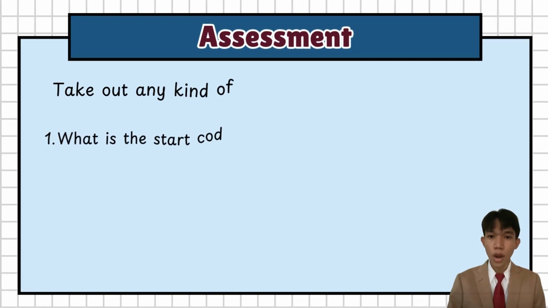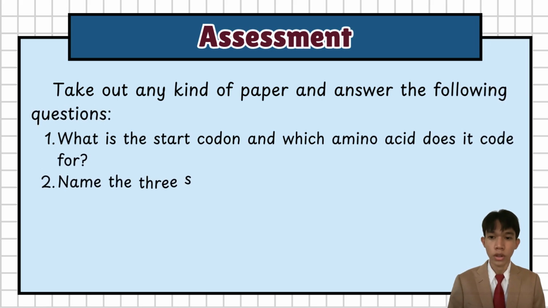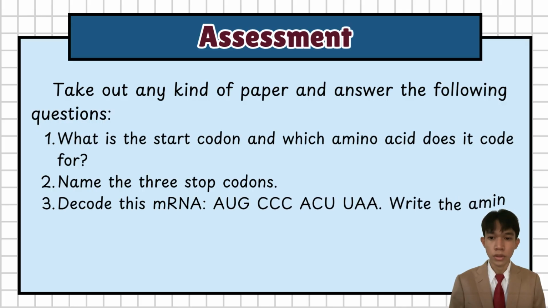Before we finish, let's see what you remember. Please take out any kind of paper and answer these 4 quick questions. Don't worry, it's short. The questions are: what is the start codon and which amino acid does it code for? Name the 3 stop codons.